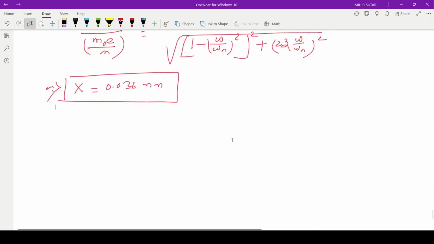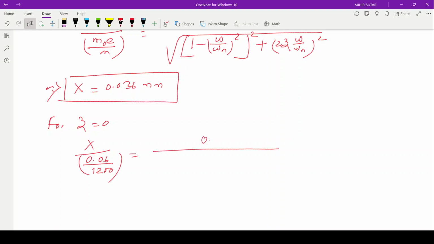Now for zeta equal to 0, you will have x by 0.06 by 1200 is equal to 0.652 square by 1 minus 0.652 square, your x will be 0.037 mm.